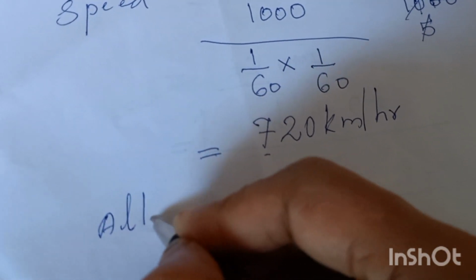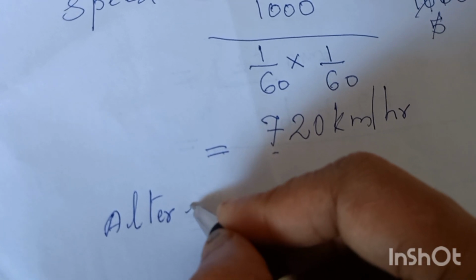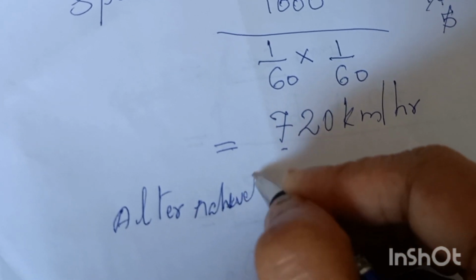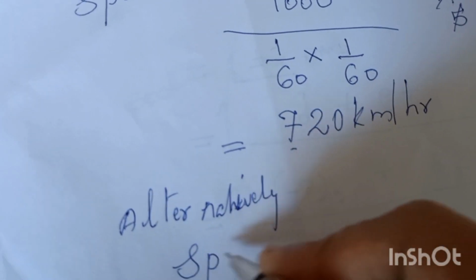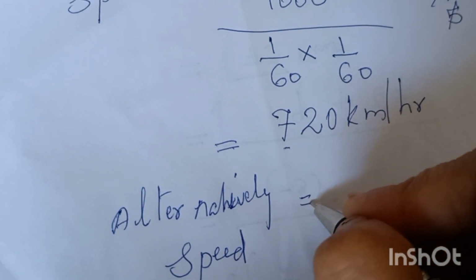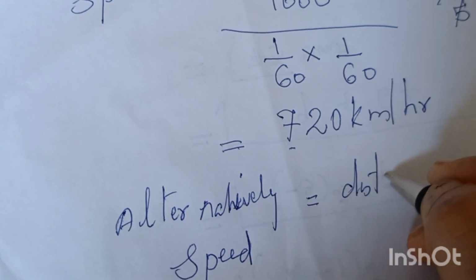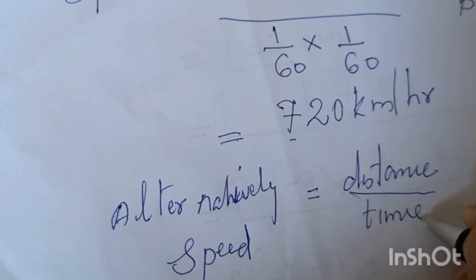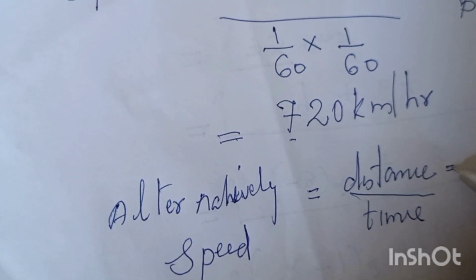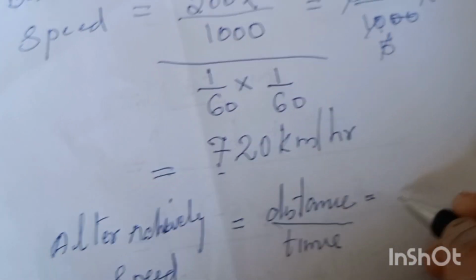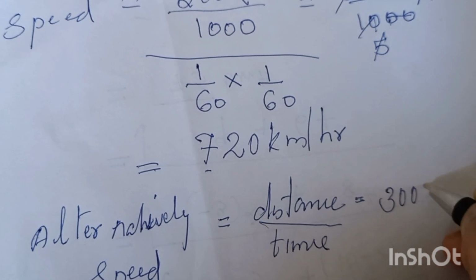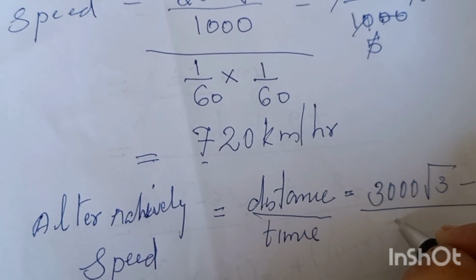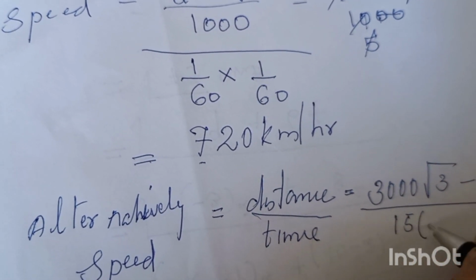Alternatively, speed is distance by time, which is equal to 3000 bracket root 3 minus 1 whole divided by 15 bracket root 3 minus 1.